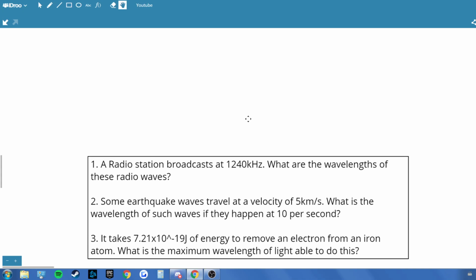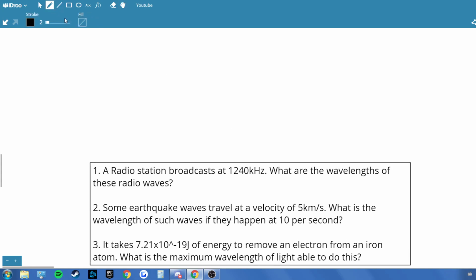So right away we should see that this is in kilohertz, and we should change that to just hertz.